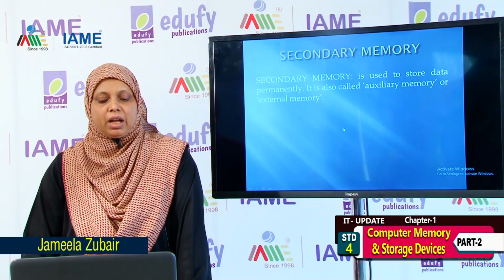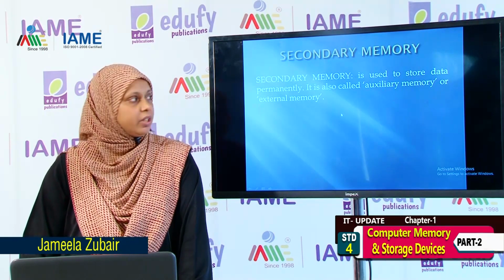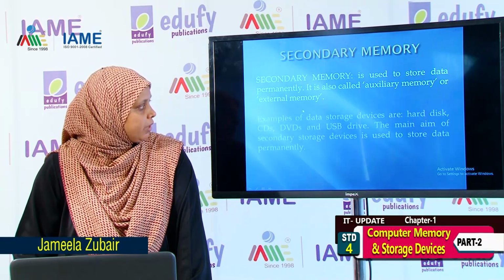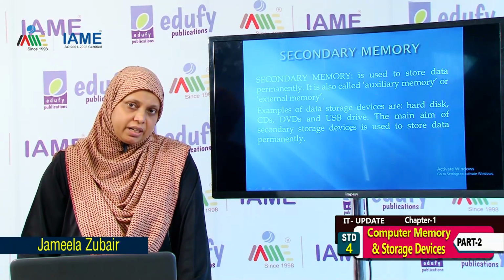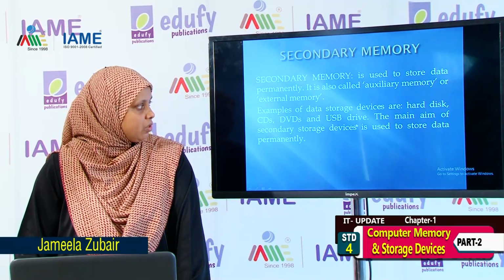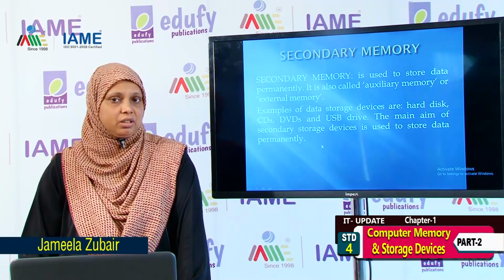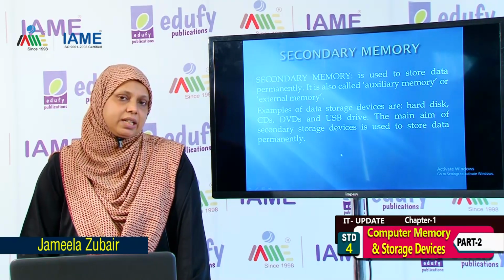Then today's topic we started with secondary memory, which is also known as auxiliary memory or external memory. What are the examples? We studied hard disk, CDs, DVDs and USB drives. And why do we use these data storage devices? For storing the data permanently.